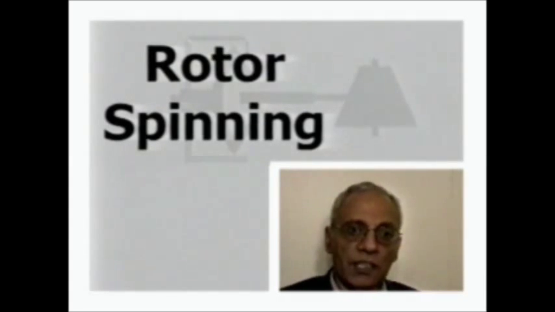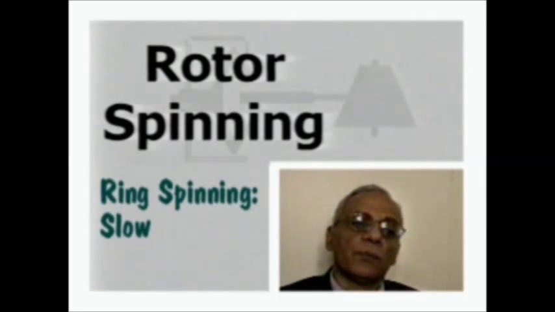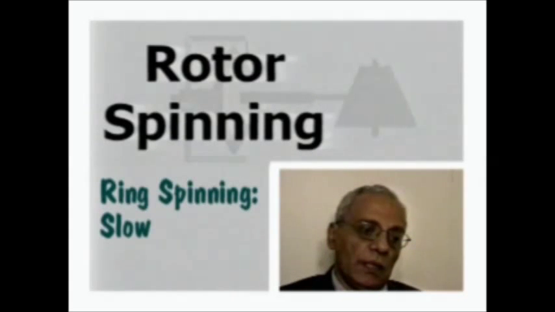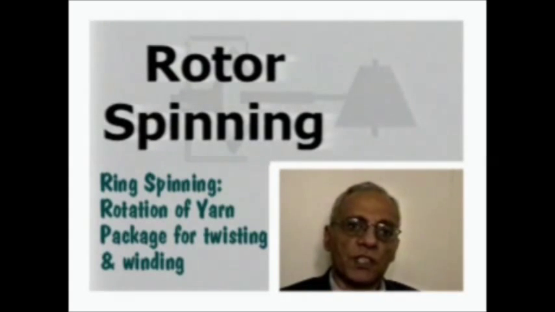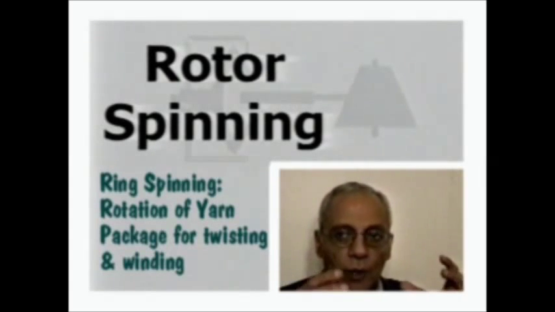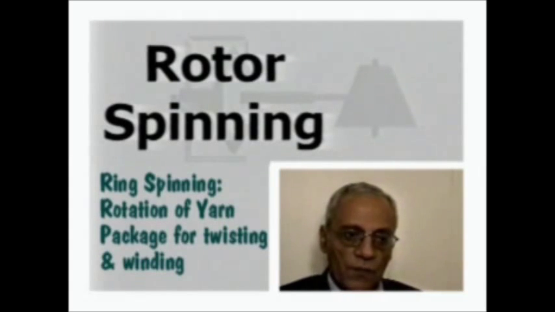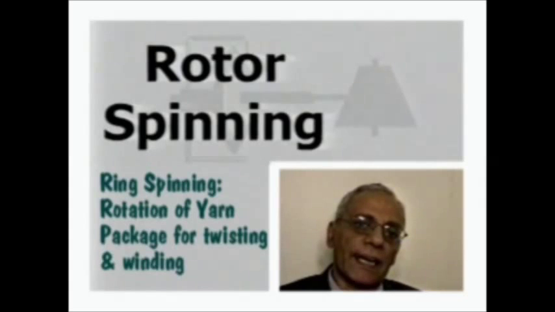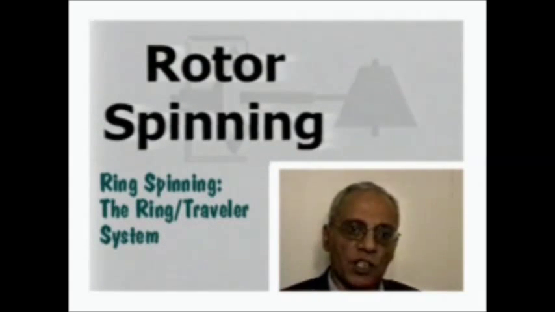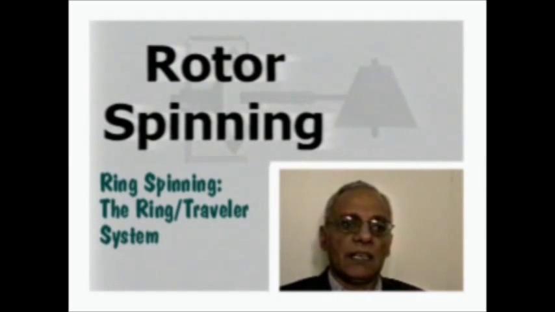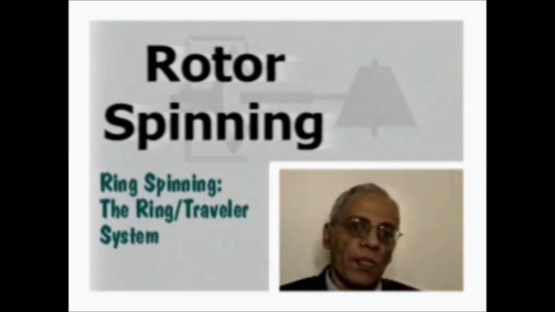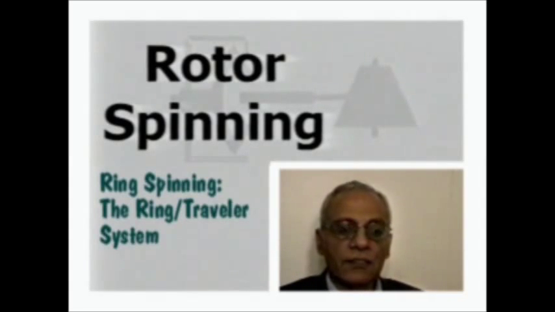We mentioned the limitations associated with the speed, with the production rate, with the fact that we are using a rotating element, which is the whole package mounted on a spindle, the limitations associated with the need to drag a very small piece of metal, a C-shaped metal that we call the traveler, around the ring at very high speed, and the frictional heat and the wear out of this piece.